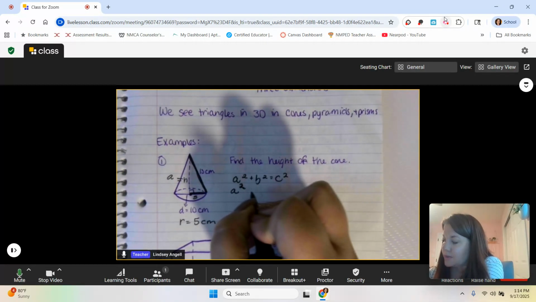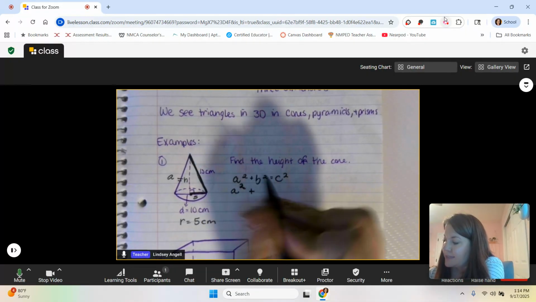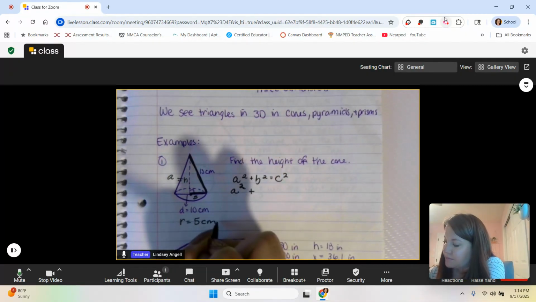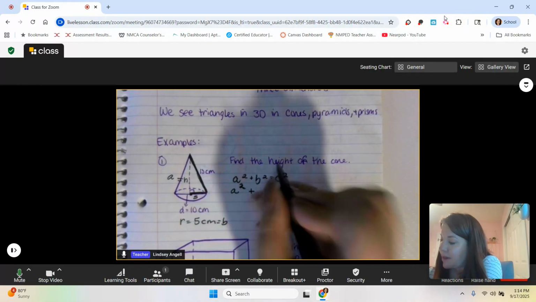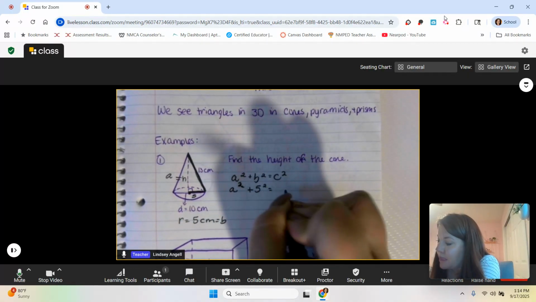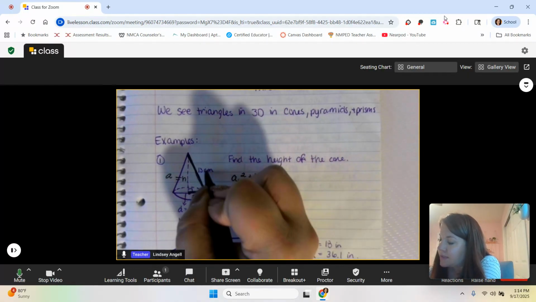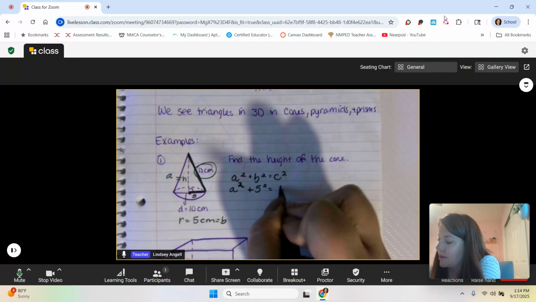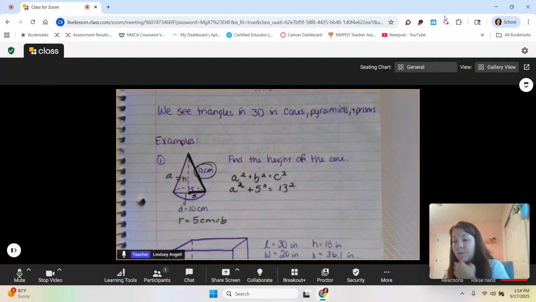B squared is my radius, so that's 5 squared. And then my hypotenuse, this length here, my 13. So I've got 13 squared on the other side. And by solving for a, I'm going to find the height of the cone.